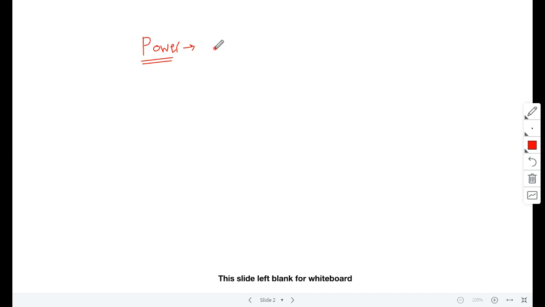If you write this mathematically, it's work done or energy over time. So energy over time is the power, or work done over time. Is power measured in watts? Yes.